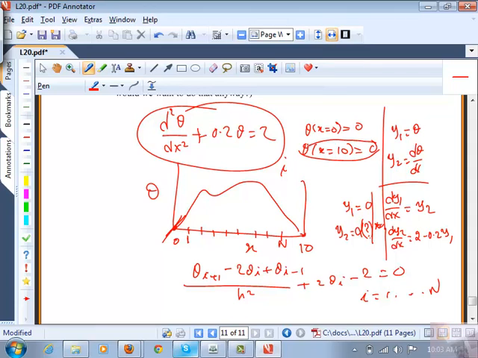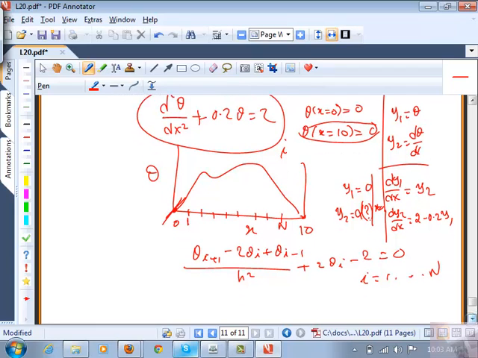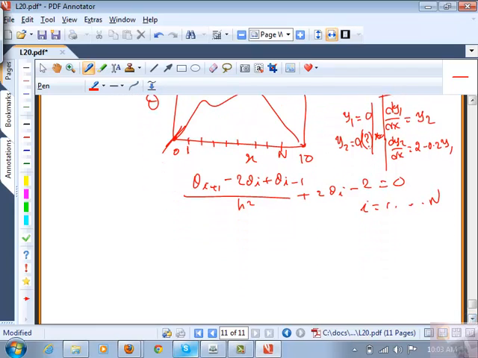Use linear interpolation. Secant method. What does that look like? It looks like (alpha 3 minus alpha 1) divided by (alpha 2 minus alpha 1) equals (beta 3 minus beta 1) divided by (beta 2 minus beta 1).